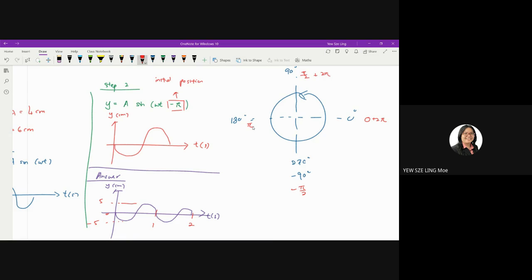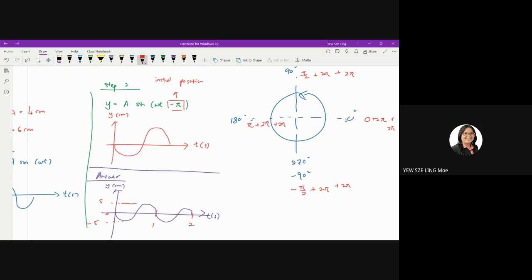If it keeps going on until the third cycle, you add another 2 pi, and another 2 pi.